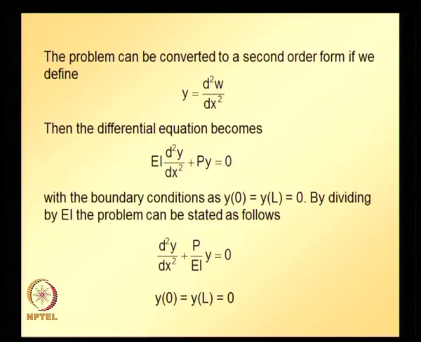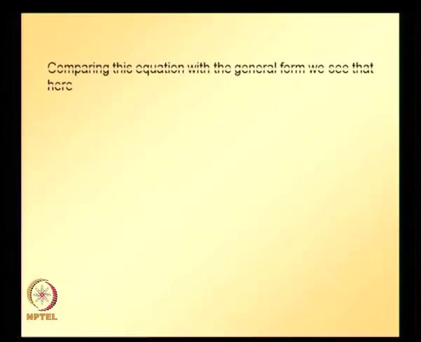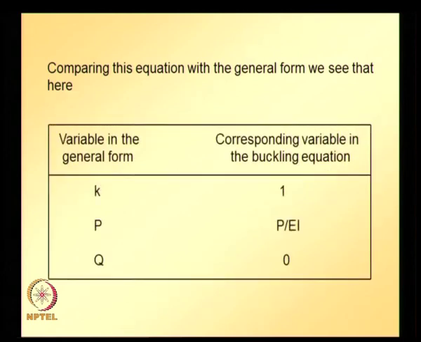So now what we need to do is make a comparison between this and the general one dimensional boundary value problem. Comparing this equation with the general form, we can identify the corresponding variables in the general form and the corresponding variables in the buckling equation.